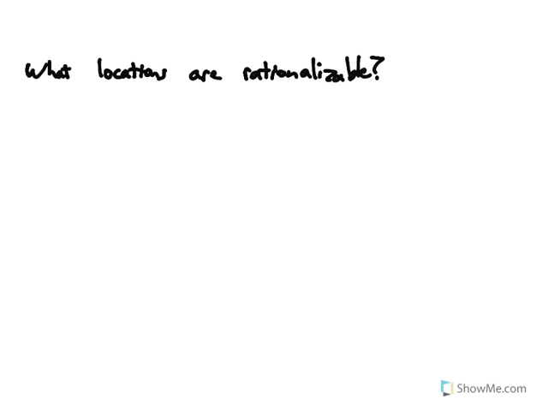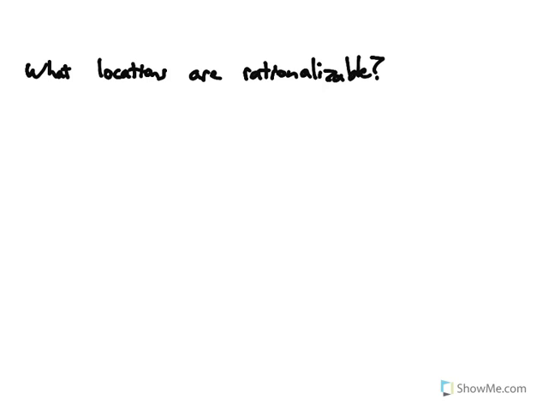So, when we think about rationalizability, the first thing that should jump to mind is rationality and the requirements of rationality. Rationality requires simply that the player does not adopt a strategy that's strictly dominated by another strategy.